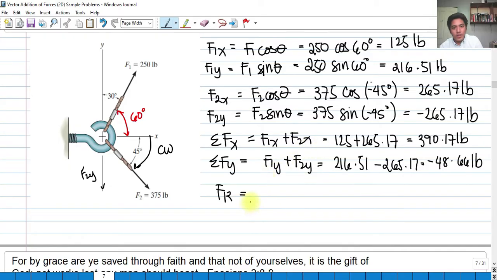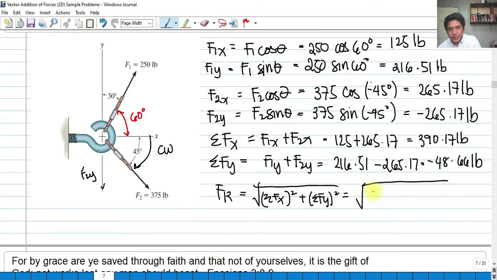The FR is actually the square root of the summation of F of x squared plus the summation of F of y squared. So that would be 390.17 squared plus negative 48.66 squared.